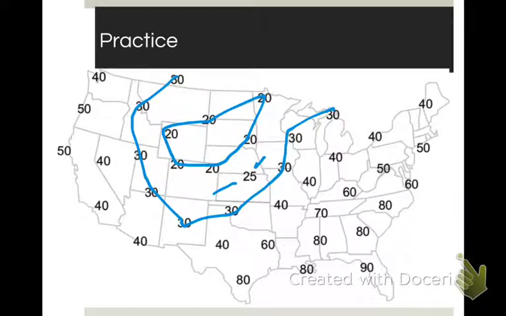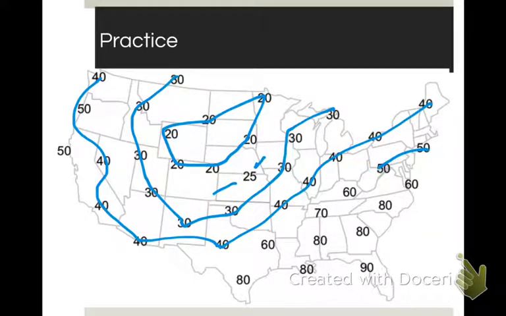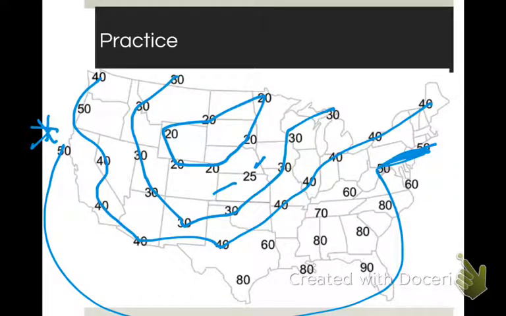Then you go to 40, and I have all these 40s, and I connect them, and then I have 50. Now notice, there's not really another place for my 50 to go. The next 50 that I see after I do this one over here is way on the other side of the country. What I cannot do with an isotherm is get my line, go around here, and all the way over.